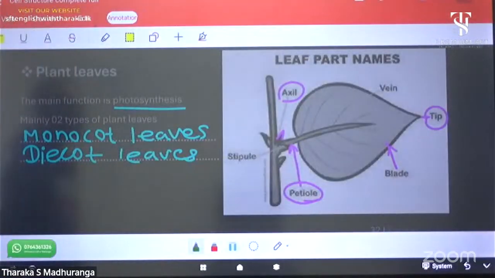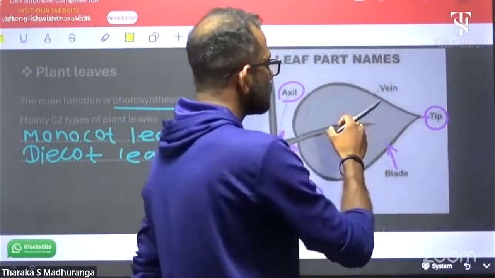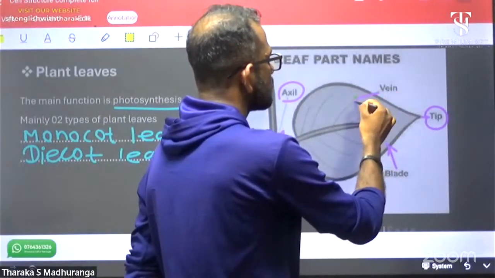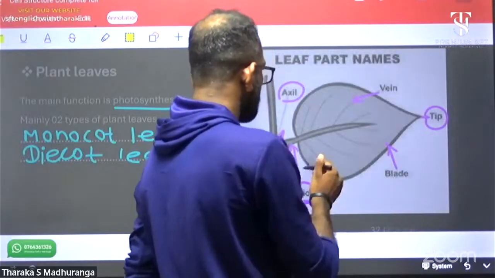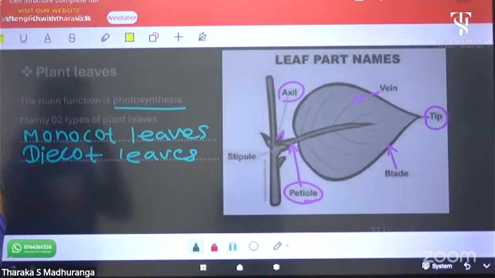Okay, remember these names: axil, leaf blade, veins, and petiole. Those are the main parts of a plant leaf.